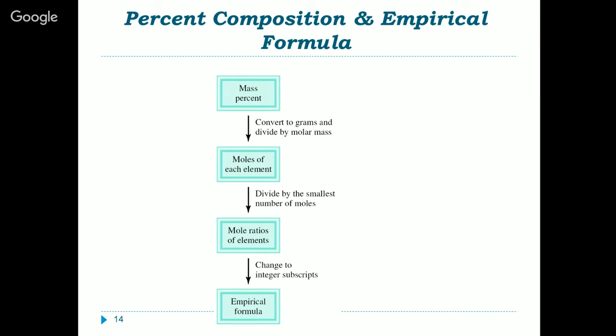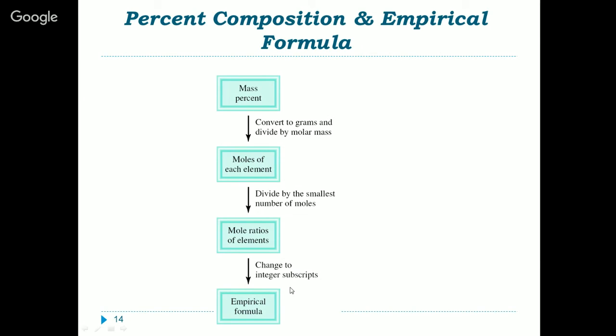If it doesn't come out to a whole number, for example, if you get 1/2, you have to look then at multiplying through everything to make sure that we get whole numbers. So if you had half a mole of carbon, we multiply by 2 so that we can have 1 mole of carbon. But we would also have to carry that out and multiply all of our other elements' number of moles by 2 as well.